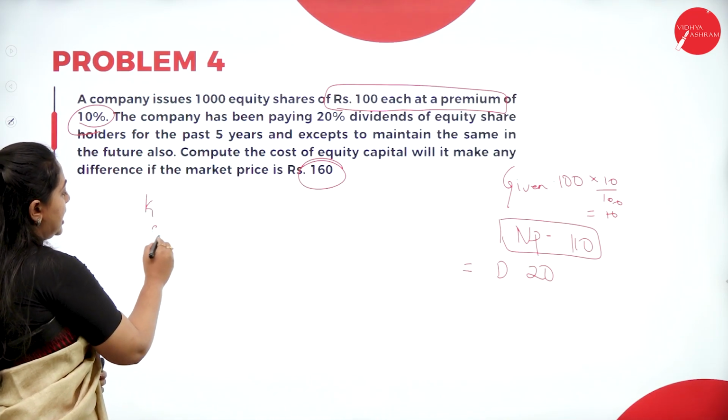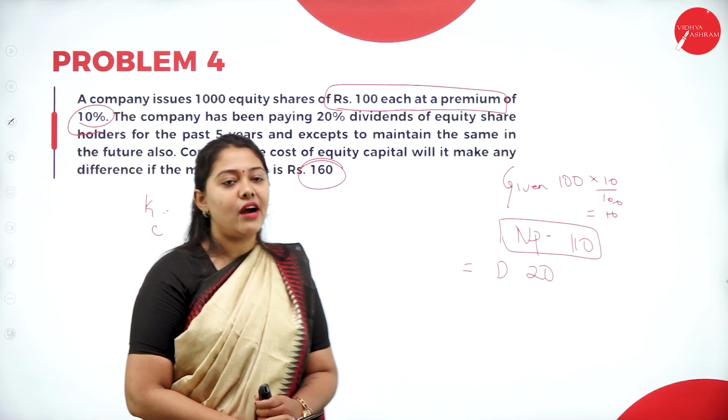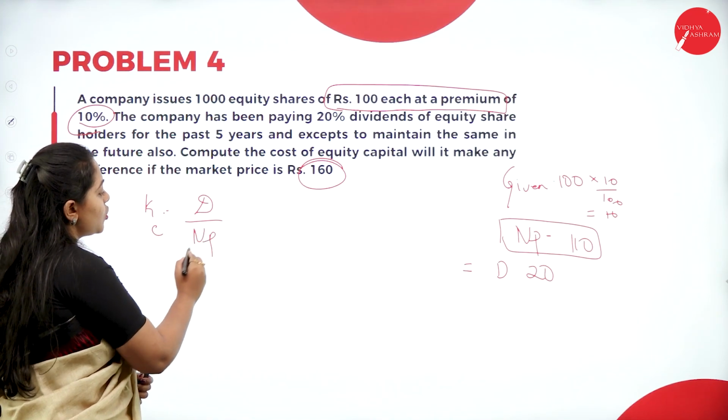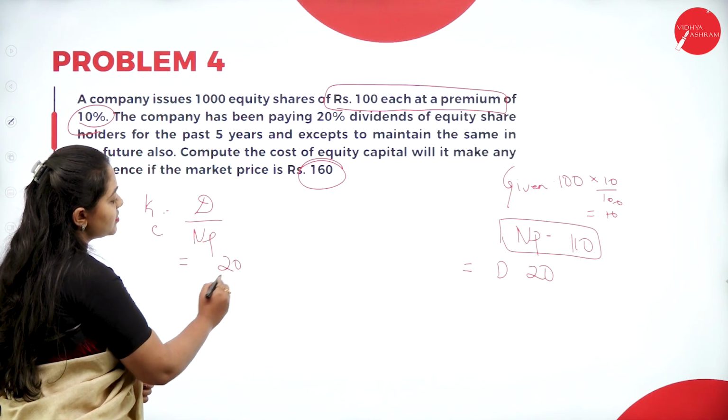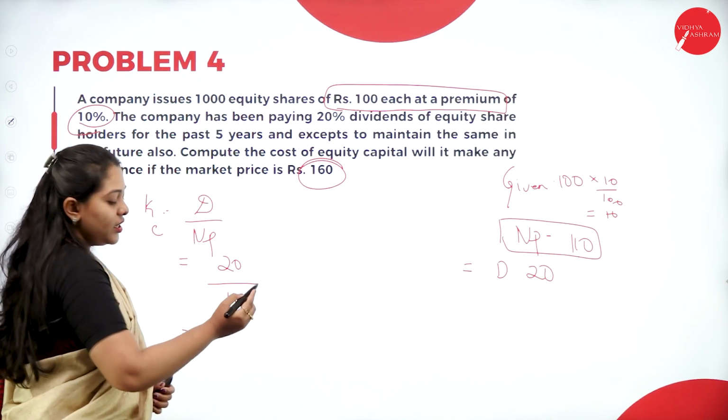Cost of equity is equal to, growth rate is not given in the question, so the formula will be dividend divided by net proceeds. What is the dividend? 20 rupees is the dividend, and what are the net proceeds? 110 is the net proceeds.